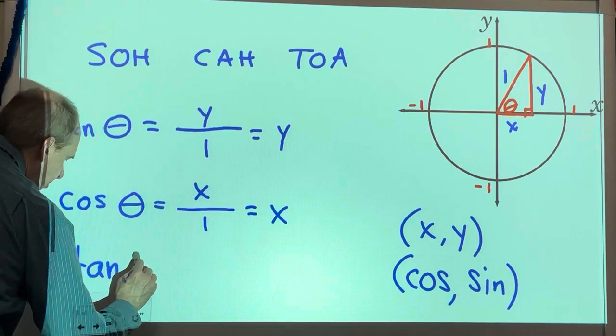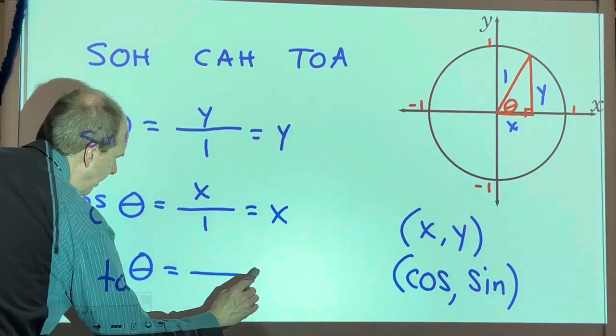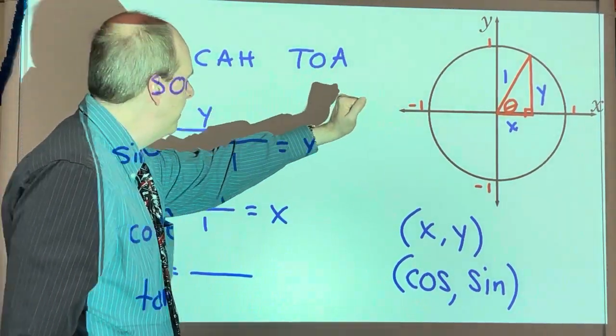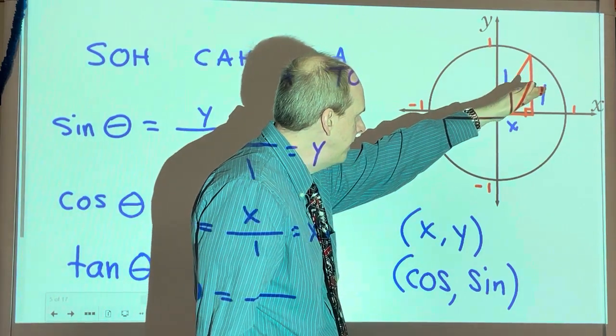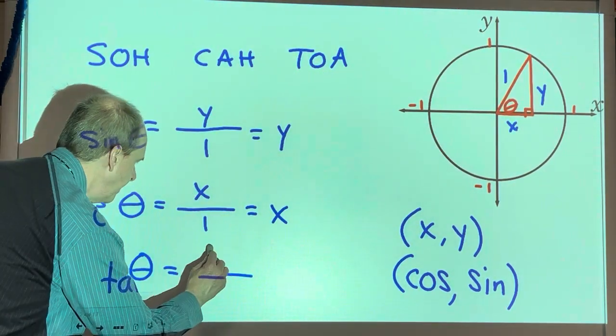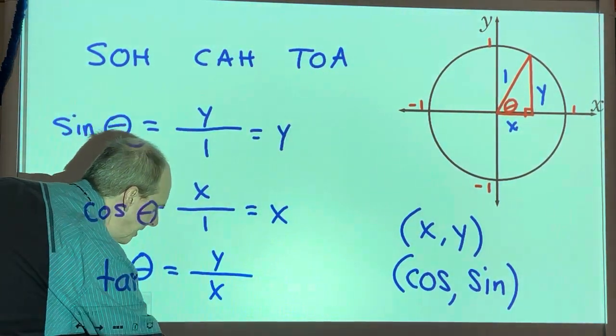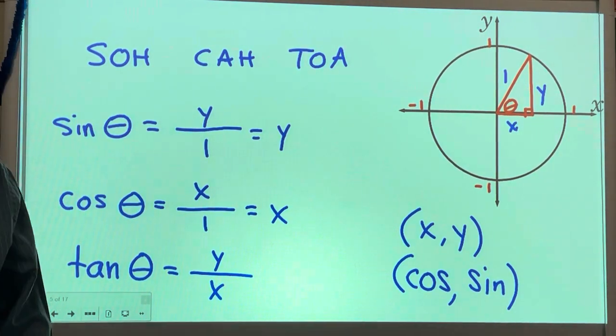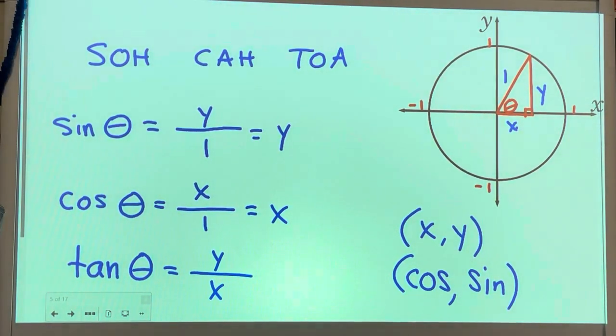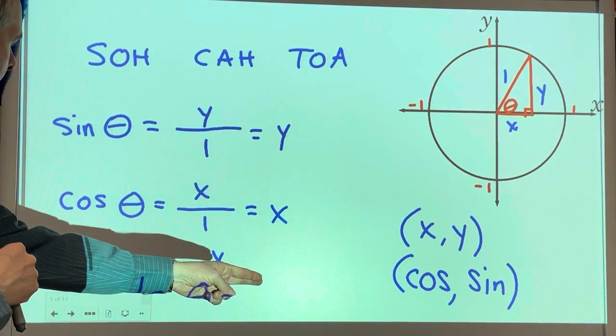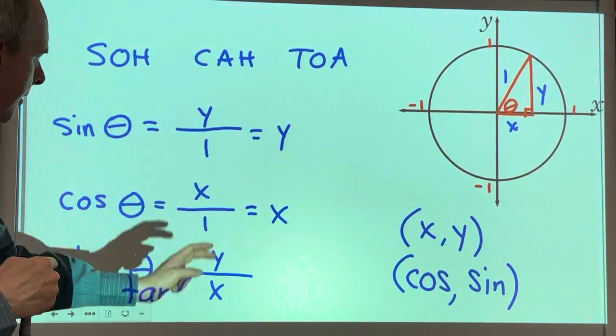That brings us to tangent. Tangent of theta is opposite over adjacent. So opposite is y, adjacent is x. Y over x. But you know what? Y is equal to sine.